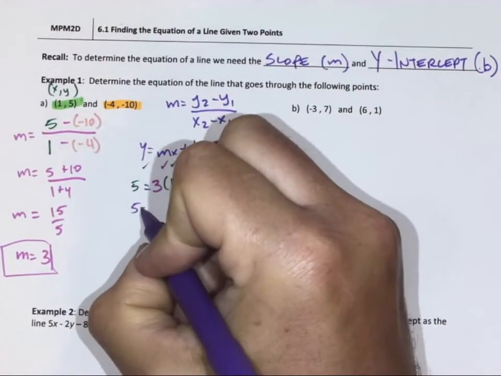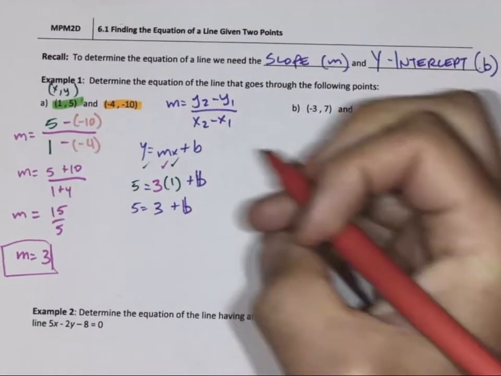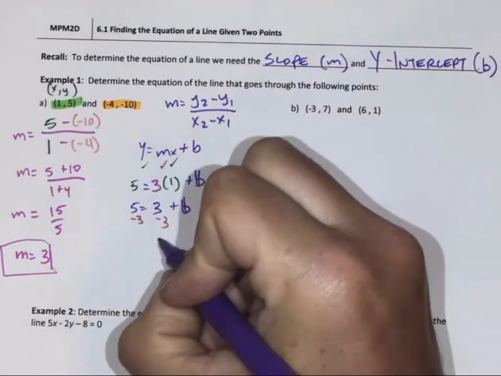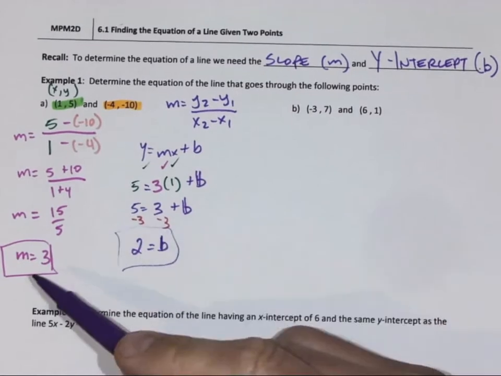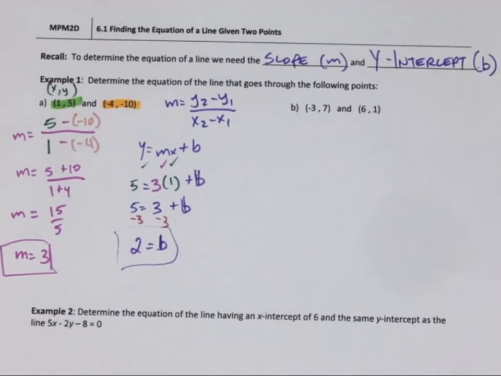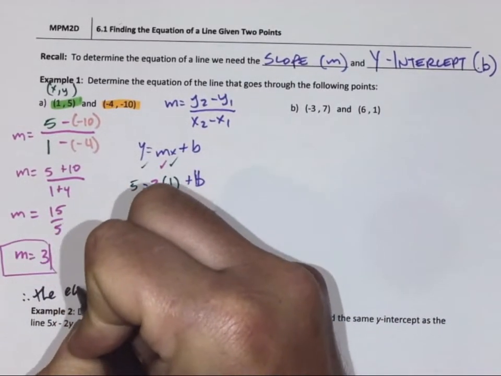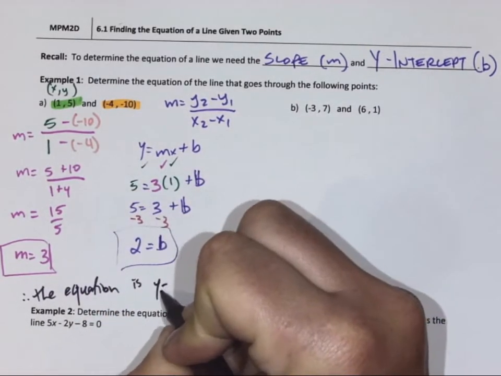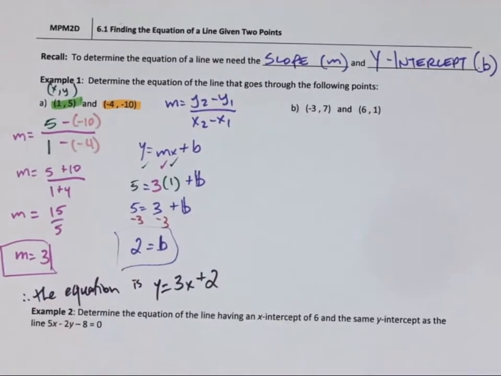And now we math. We found a slope, found a y-intercept, so we have our final equation. Y equals mx plus b.